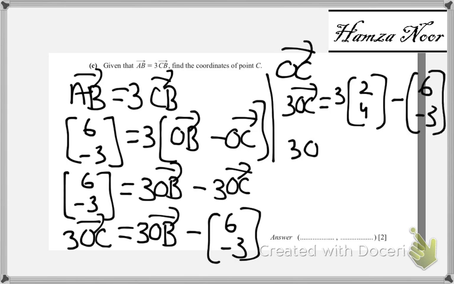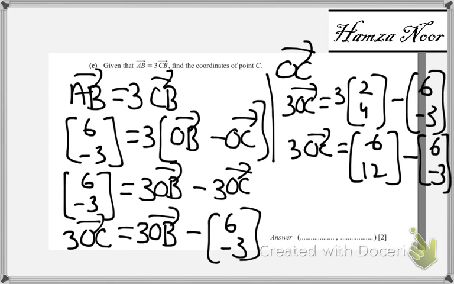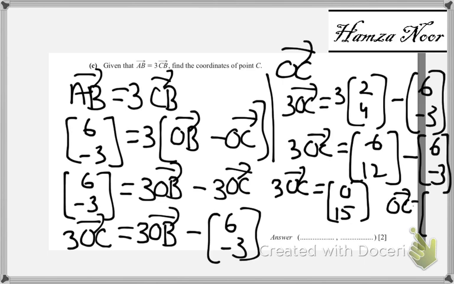So 3 OC will be equal to (6, 12) minus (6, -3). So 6 minus 6 is 0. 3 OC will be equal to 0, and 12 plus 3, 15. So if you divide both of these terms by 3, the OC vector will be equal to (0, 5). So the coordinates of C are (0, 5).